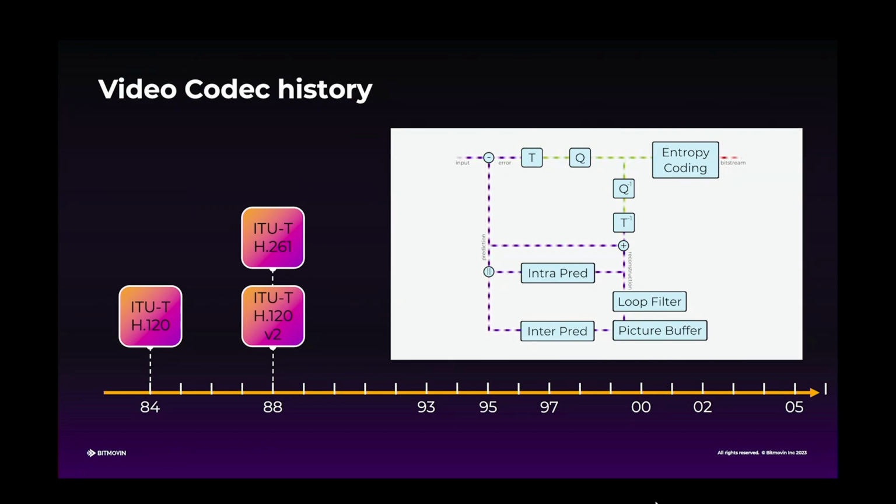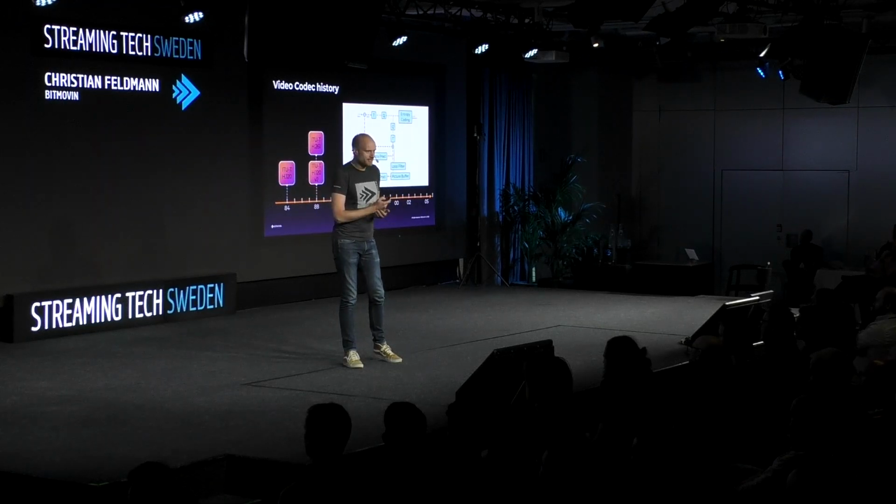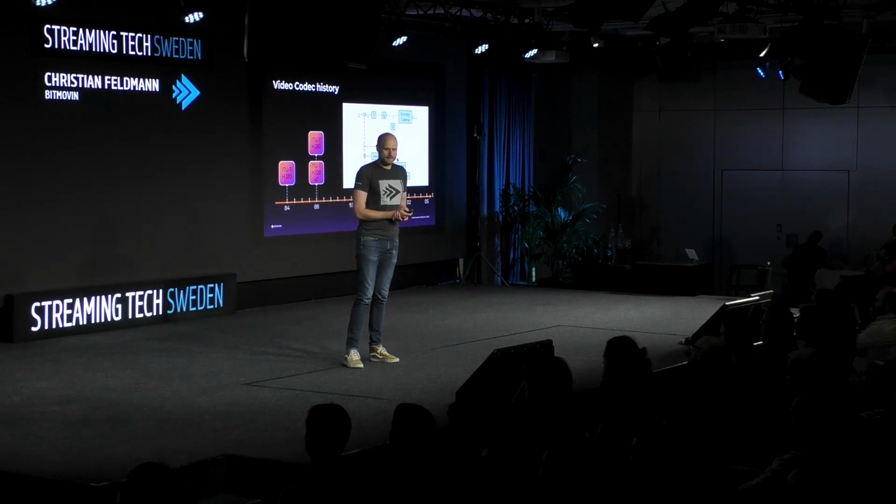And if you don't know, this is essentially the basic layout of all modern video codecs, and it was established in '88, right? So this is how all modern video codecs work since then. This is the model that we have been refining for the last almost 40 years, on and on and on, to get better codecs, better codecs, better codecs.